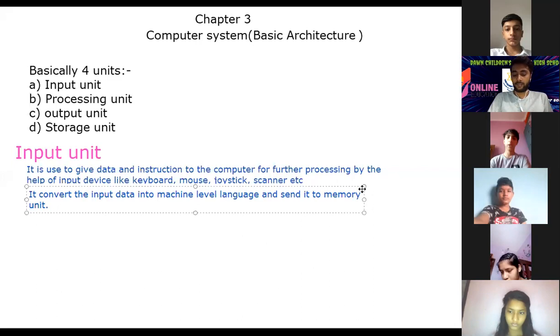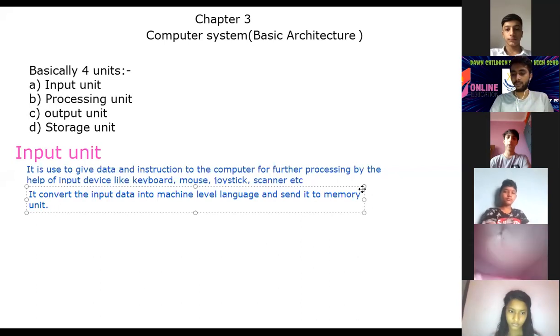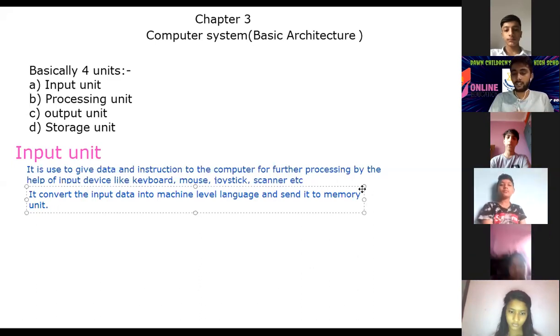Your data does not have to be only letters. If you send a photo, that is also data. You are sending a video, that is also data. You are sending your voice, that is also data. By the help of a microphone, I am sending you sound. That is, by the help of an input device, I am sending you the data in the form of sound.